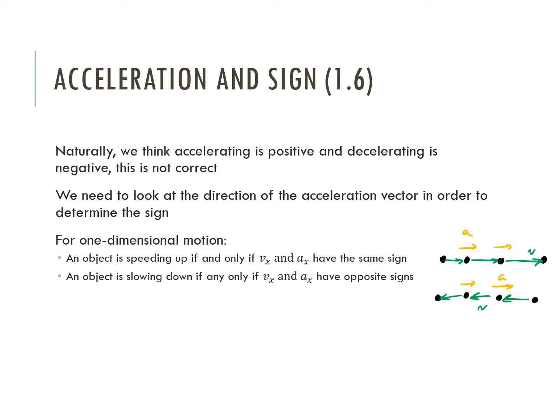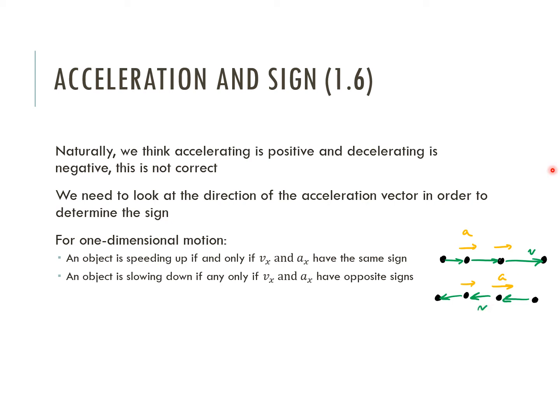So here, we need to be aware of, for one-dimensional motion, if we're speeding up, the acceleration and velocity point in the same direction. If we are slowing down, they point in opposite directions and they would need to have opposite signs.